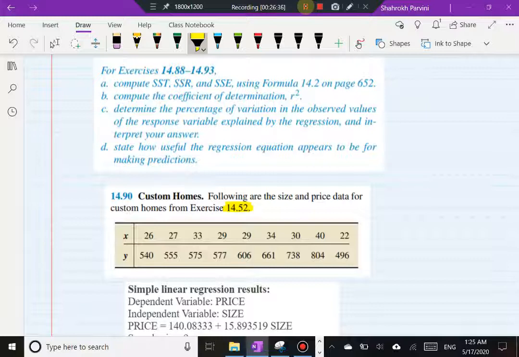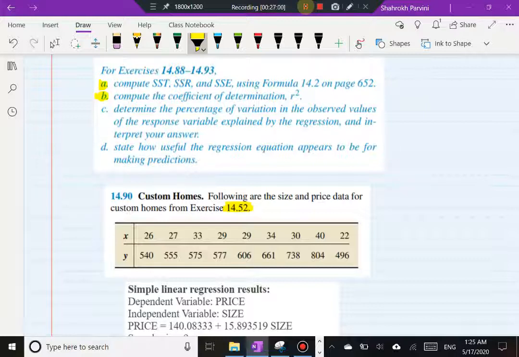In part A of the exercise, the question asks us to compute the total sum of squares, the regression sum of squares, and the error sum of squares. All three of these are going to be on the regression output. In part B, the question asks us to compute the coefficient of determination, and that is R squared.